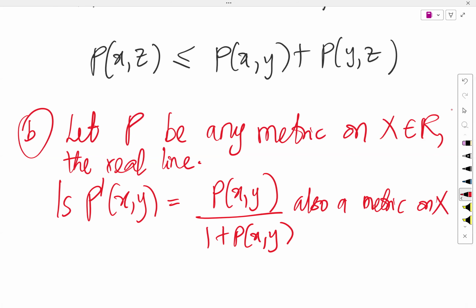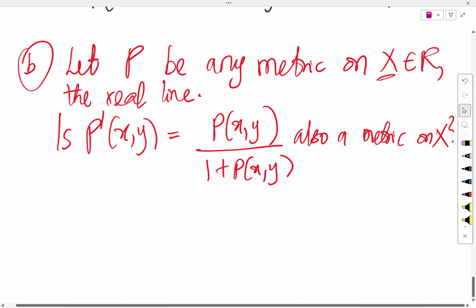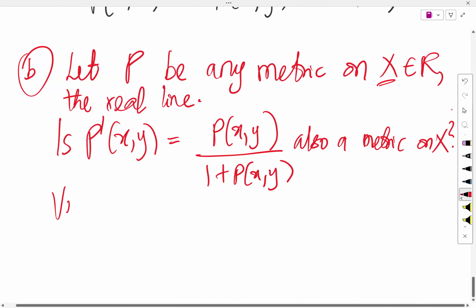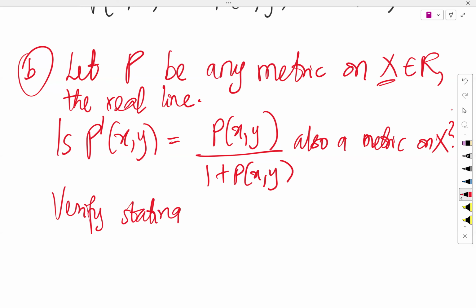That's the same X here. Okay. And then we need to show that. So verify, stating your reasons.